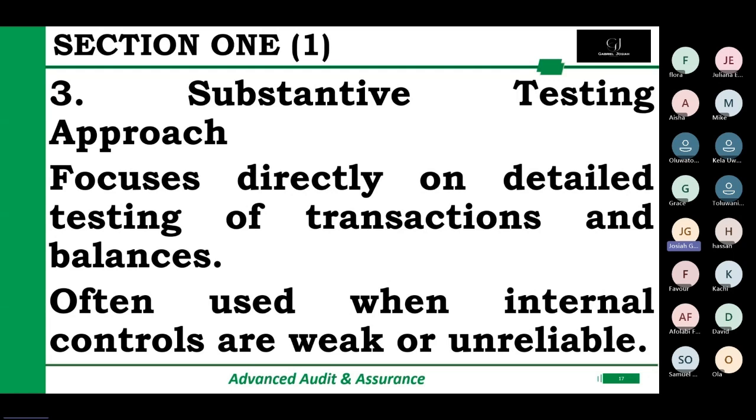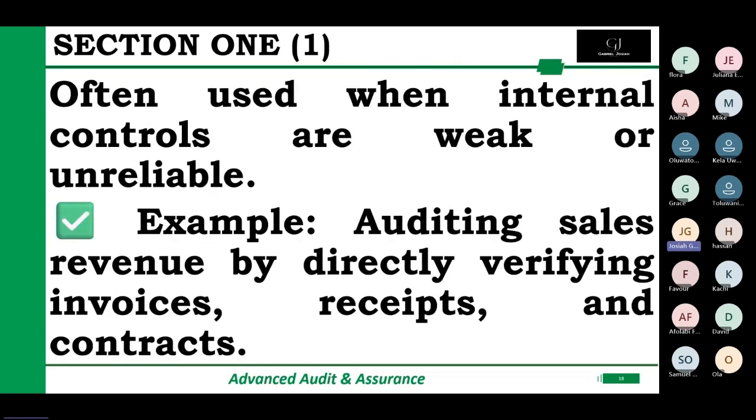This approach focuses directly on detailed testing of transactions and balances, opening and closing balances. You substantively test them to ensure their veracity and their correctness. Often this approach is used when internal controls are weak or unreliable.